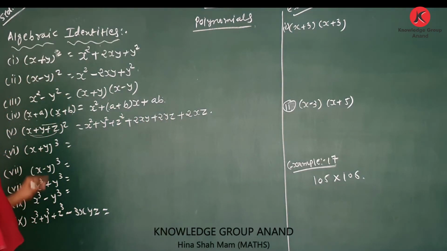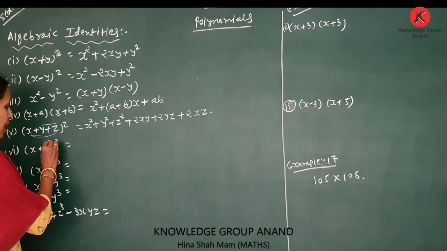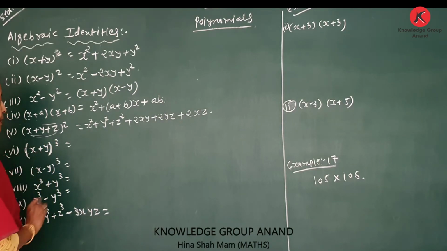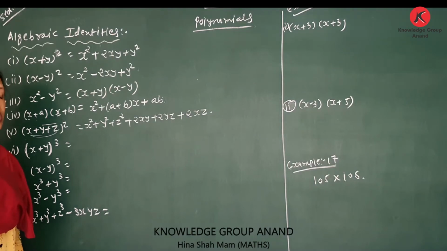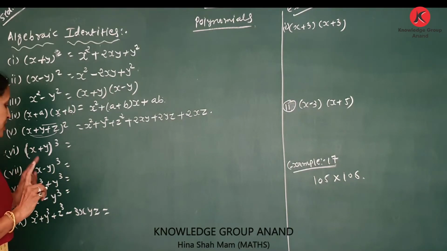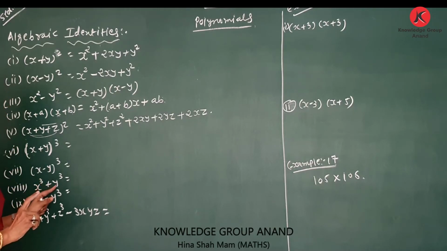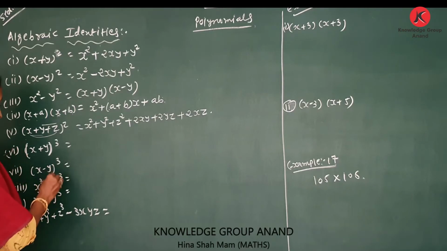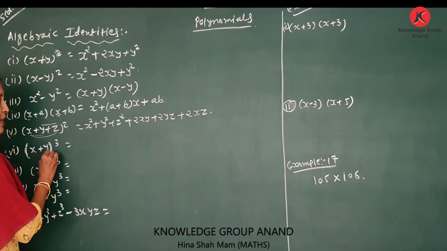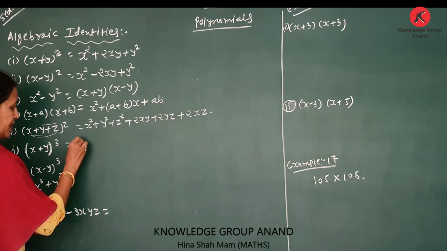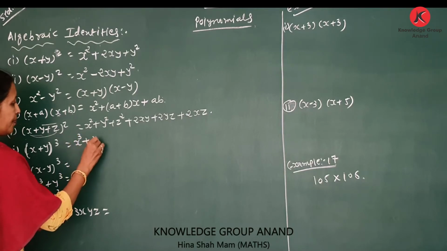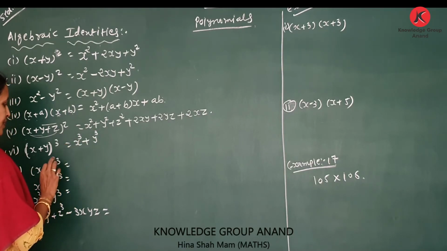(x plus y) whole cube. Whole cube into bracket cube is different. Now understand this difference: (x plus y) whole cube, and here x cube plus y cube. Both are different. Here first we write (x plus y) cube is equal to x cube plus y cube.